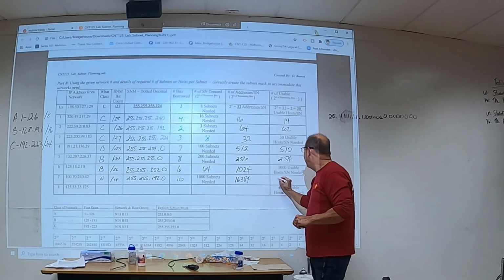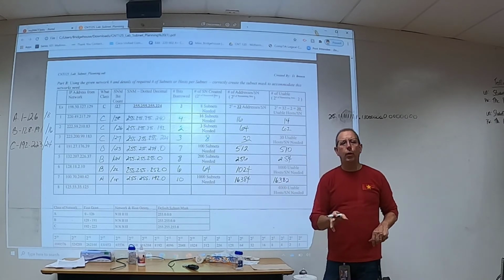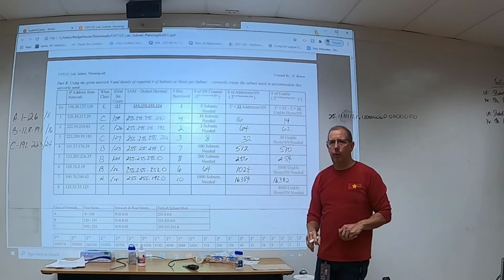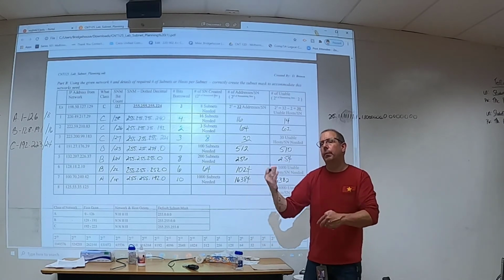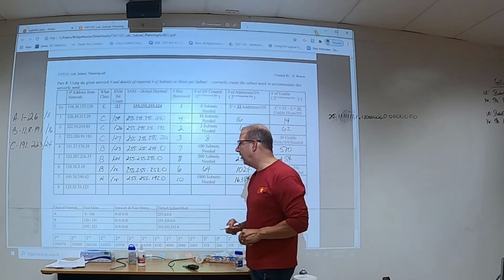Usable, I'm going to have 16,382 usable hosts on each one of my 1,024 networks. If we get used to this, if we get used to the pattern, we learn how to do it, it becomes easy. Okay, it becomes very easy.